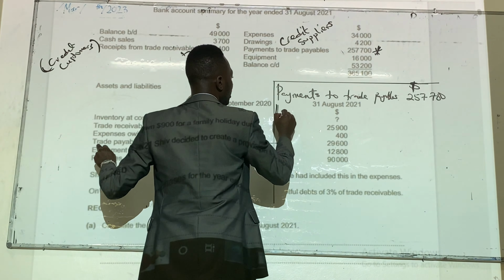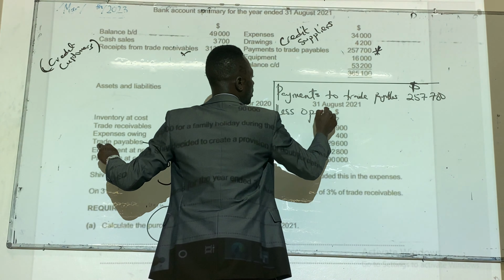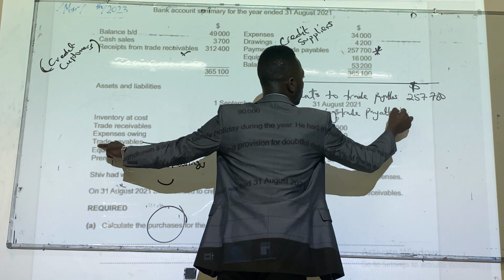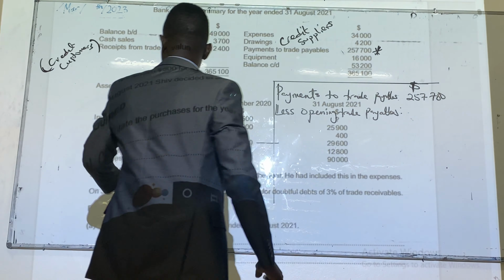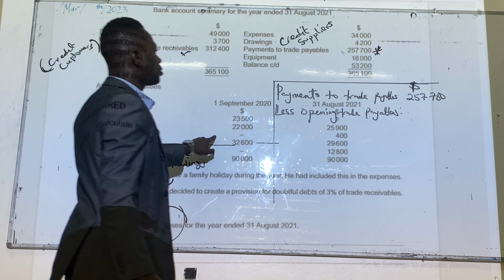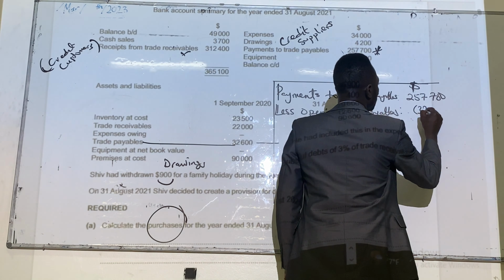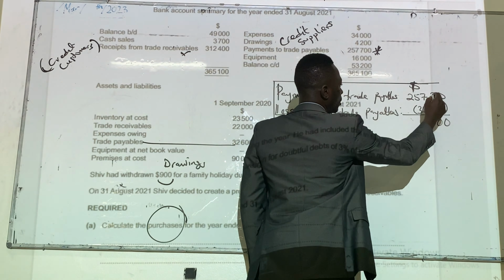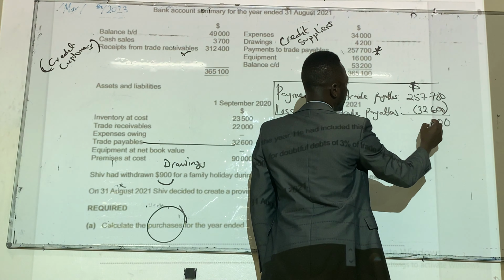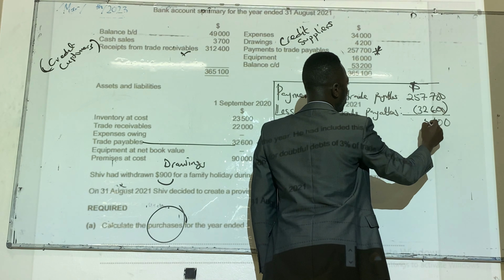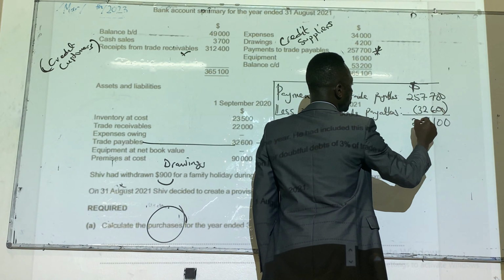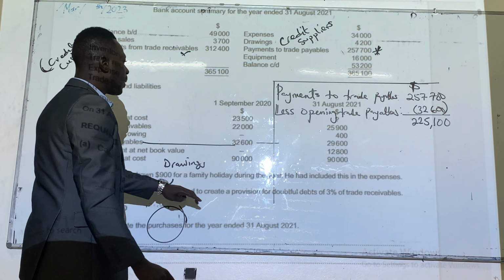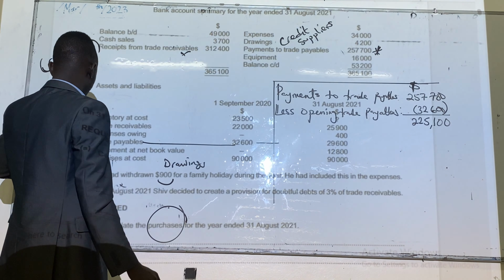So you less opening trade payables, which is 32,600. That gives us 225,100.